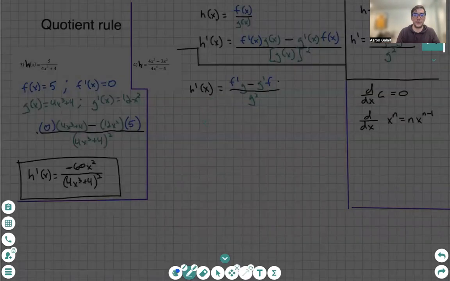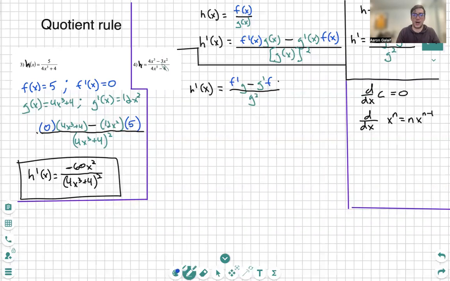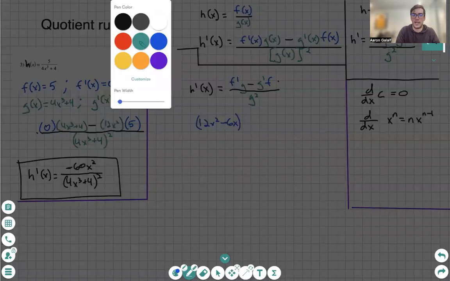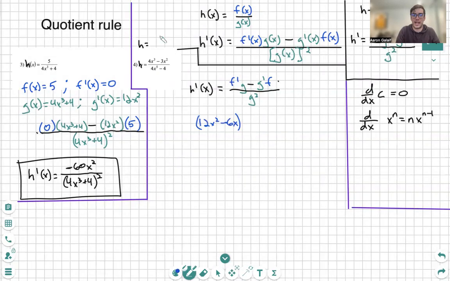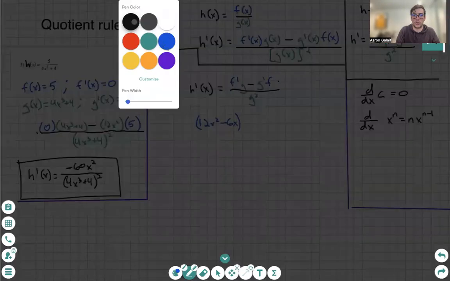So let's jump into it. F is the top, the derivative of the top will be power rule. And that we can see is 12x squared minus 6x. I started with F prime. I derived the top. Because we know H is equal to F over G.